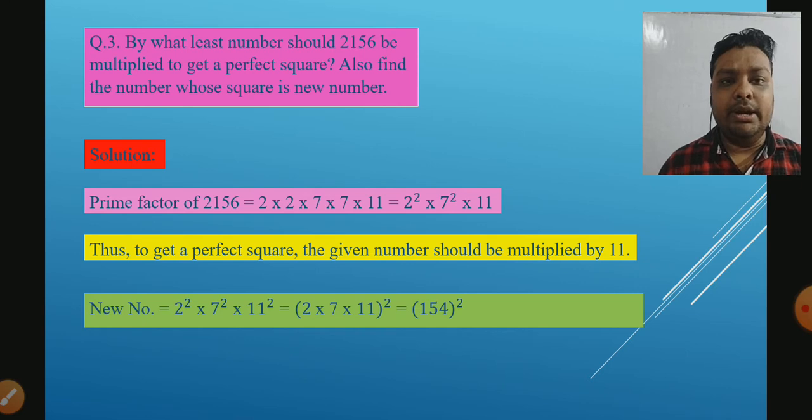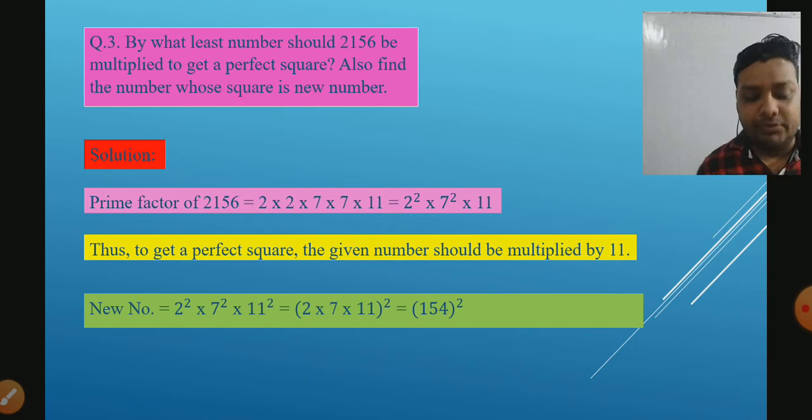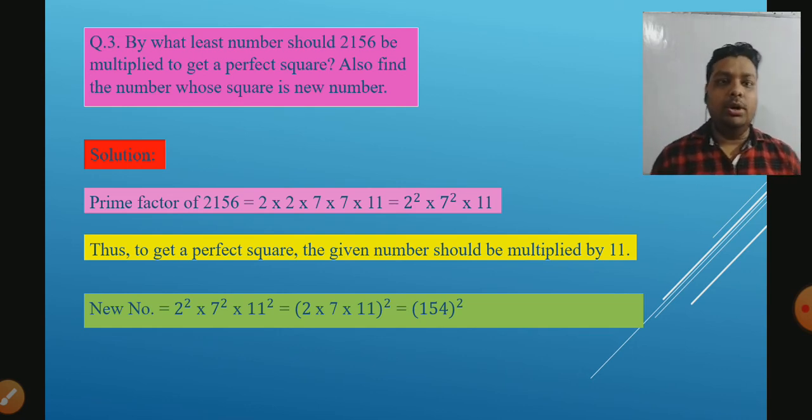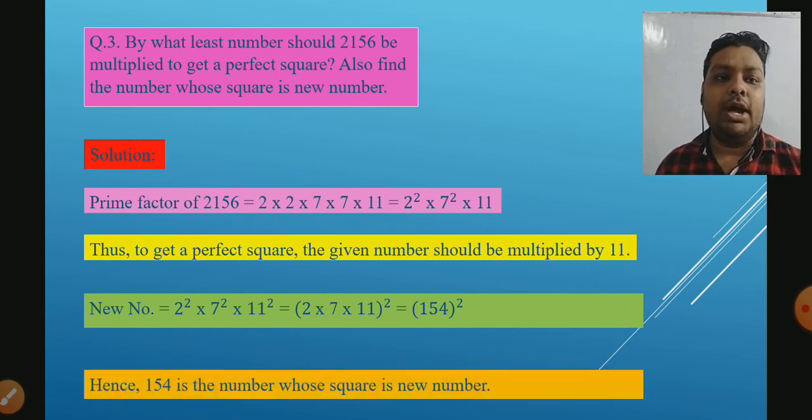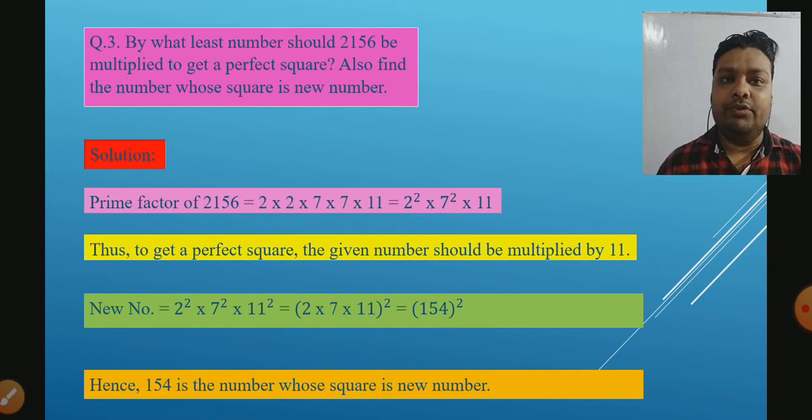So we will write all the bases in the product form, 2 into 7 into 11 and the common exponent 2. So 2 into 7 into 11 is 154 to the whole square. Okay, so we can say that 154 is the number whose square is the new number. Okay students, so like this we can find.